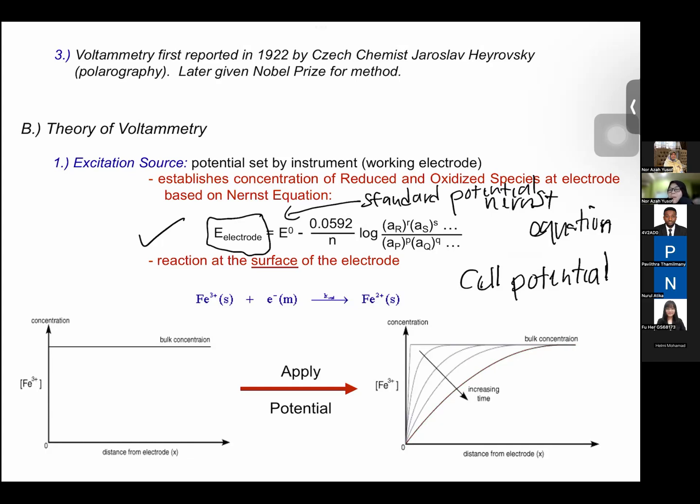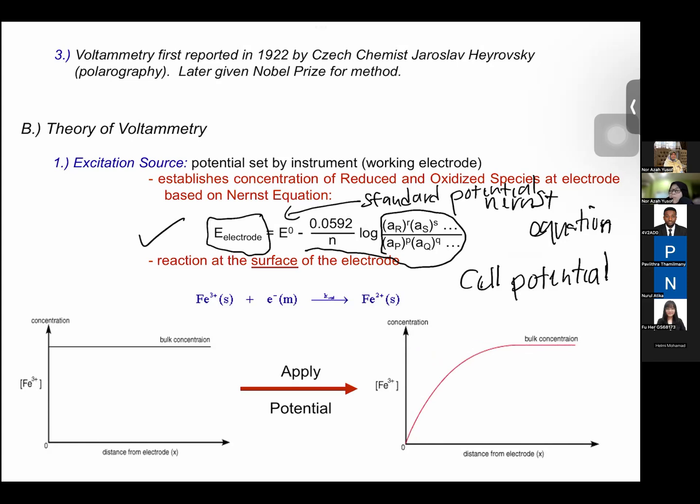Because reduction and oxidation of most ions or elements in the periodic table, not all, so I can't say how many, already have the value of standard potential listed. And then from this equation we can put in the effect of concentration. So this is the most important. There are many other equations, so this is one of the equations, the Nernst equation.